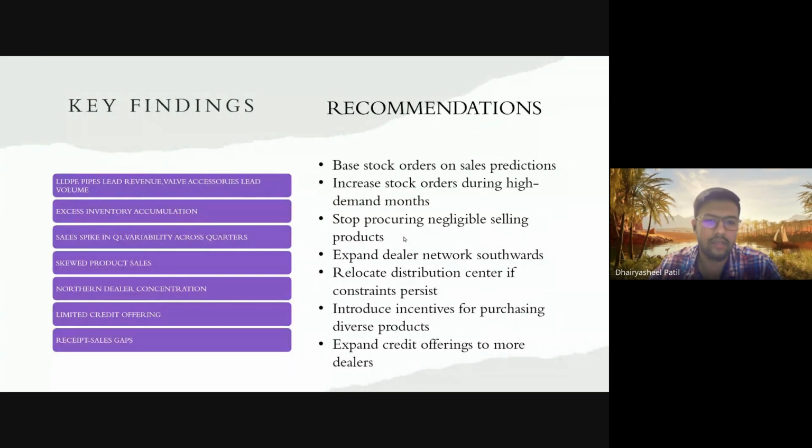So we asked him to stop procuring those products at all, and it was pointed out that actually it was a customer mismatch. The customers were forced by government regulations to purchase some category of products which they did not expect. So those products were left in the inventory.